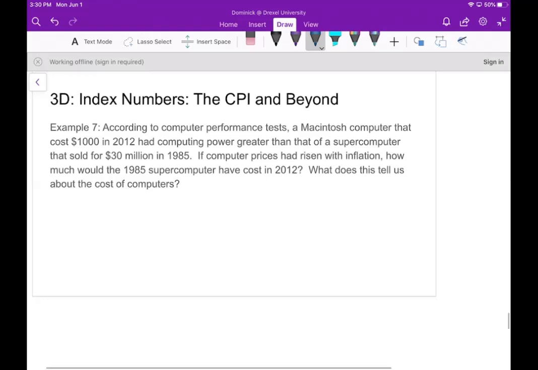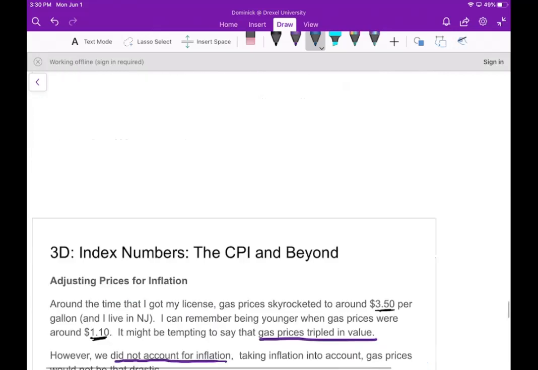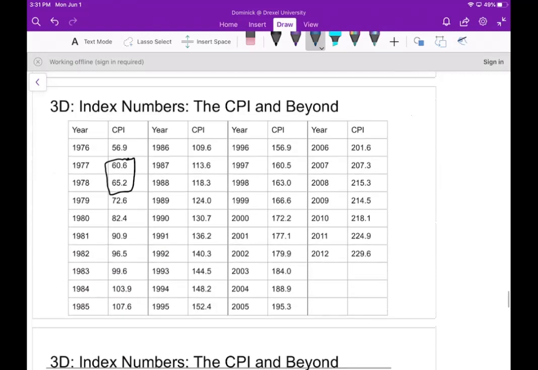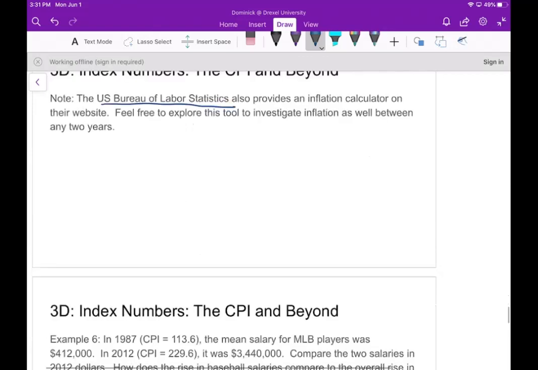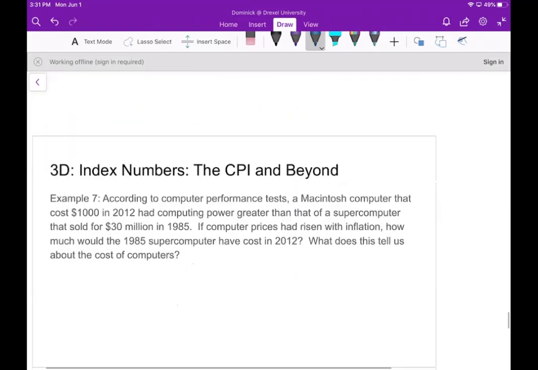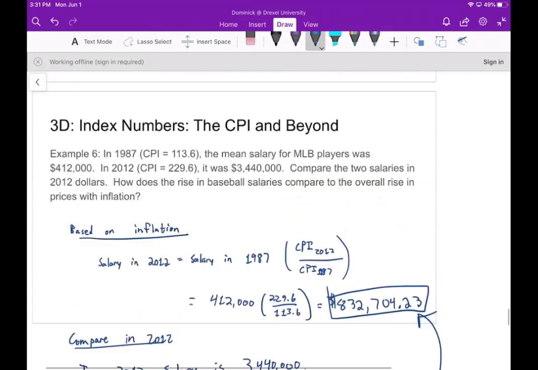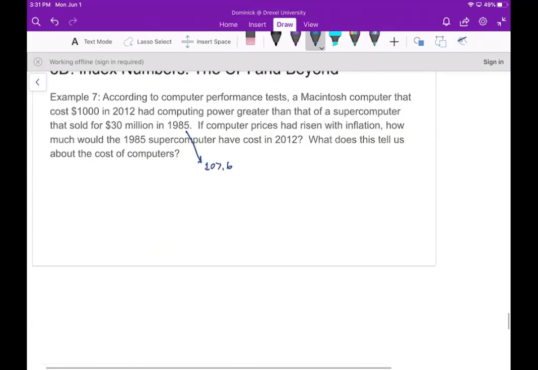Now, in 1985, I'd have to grab the price index. In 1985, our price index was 107.6. And then in 2012, our CPI was 229.6.